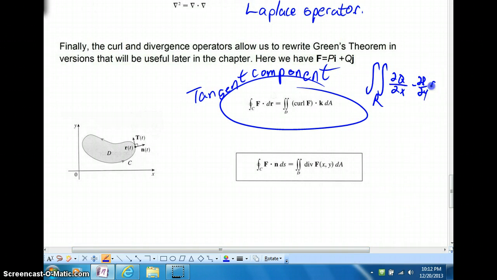And what I just showed you a moment ago was that when you write curl of F dot k, my goodness, we arrive at what we saw last section. We just saw that going back to the top of the notes. Again, that is working through the tangent component of a vector drawn in this vector field.